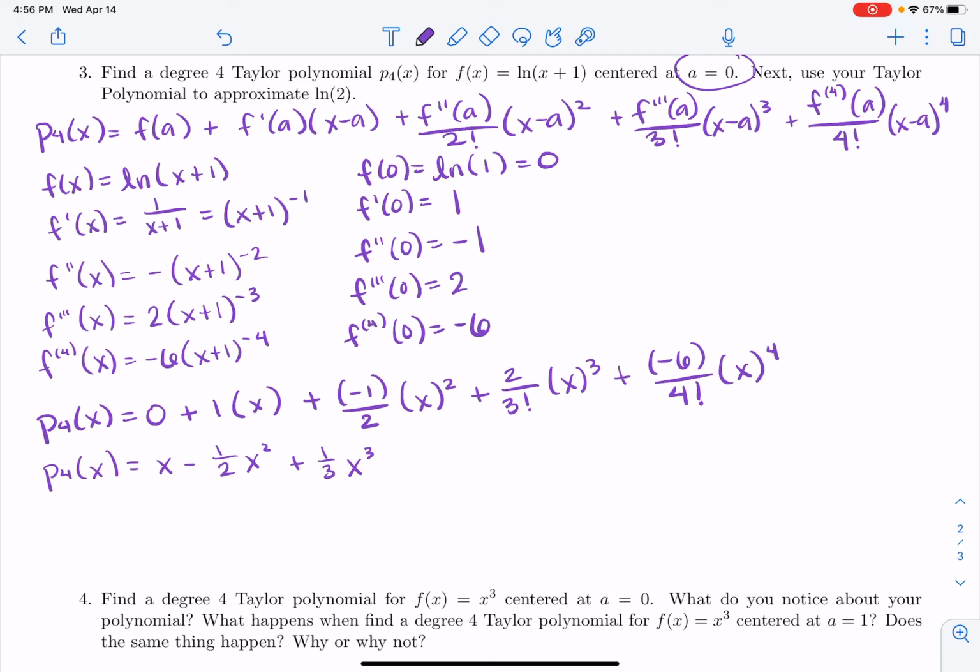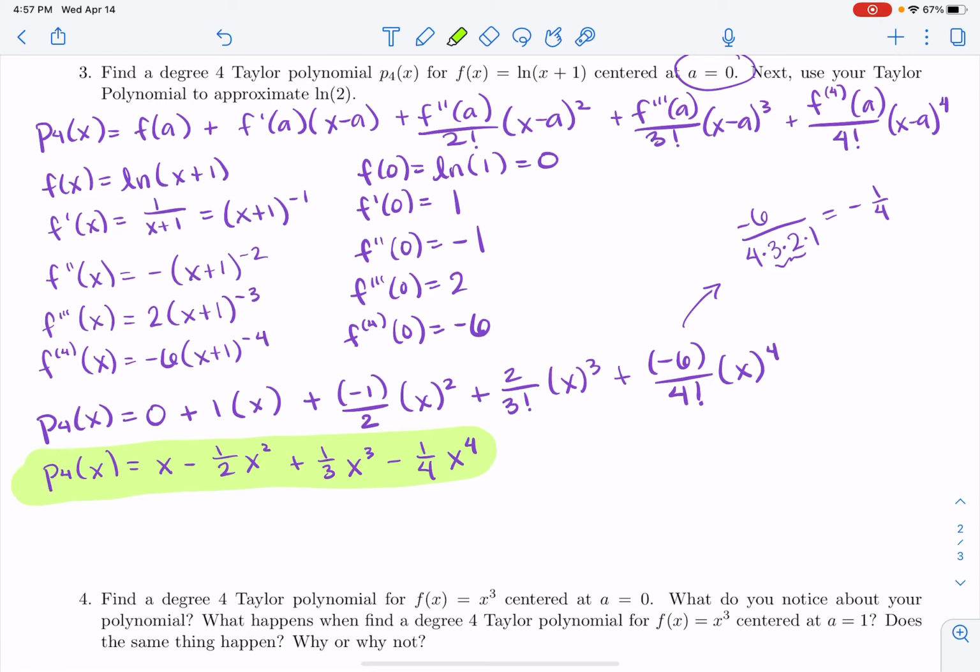And then let's do this coefficient off to the side. We have minus 6 divided by 4 times 3 times 2 times 1. The 6 cancels with the 3 and the 2, so we're just left with minus 1/4 x to the fourth. And I will highlight that because that's one of our answers. Now notice the pattern here.